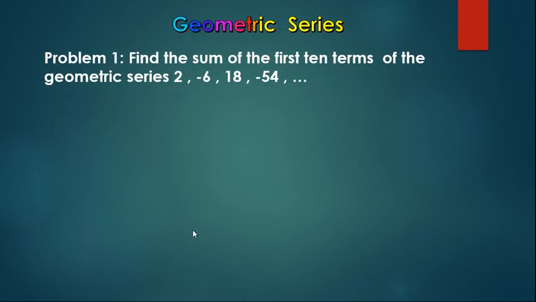Okay, so problem number 1, find the sum of the first 10 terms of the geometric series 2, -6, +18, -54, and so on and so forth. So we are going to find the first 10 terms. So class, don't worry, siguro mapapatanong kayo na paano po namin malalaman kung arithmetic series or geometric series po ang given.